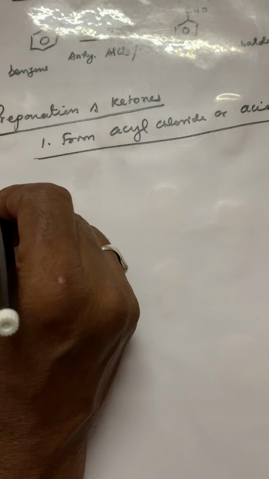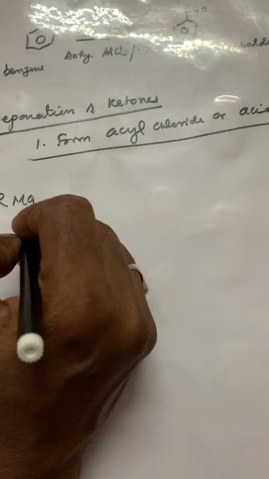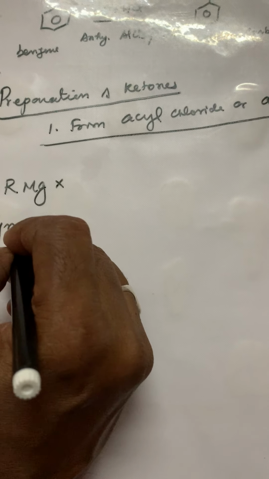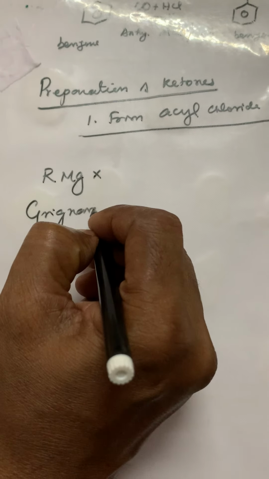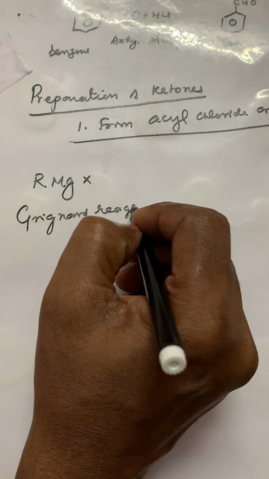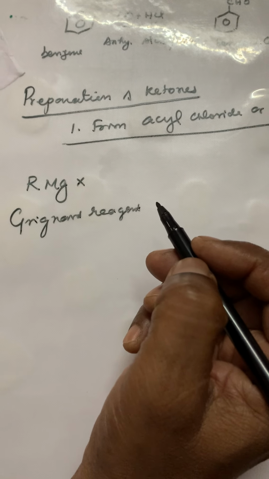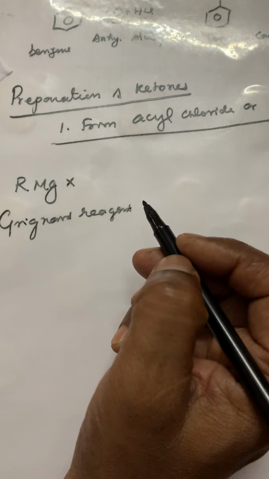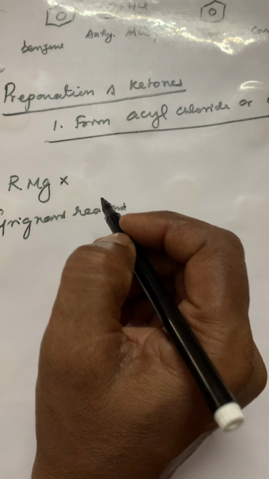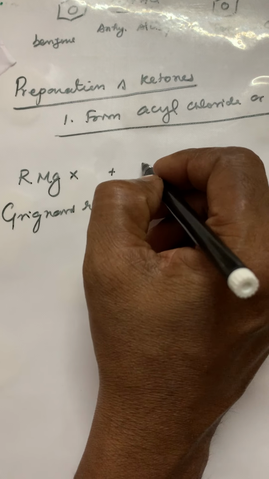You take RMgX, a Grignard reagent, and react it with cadmium chloride.